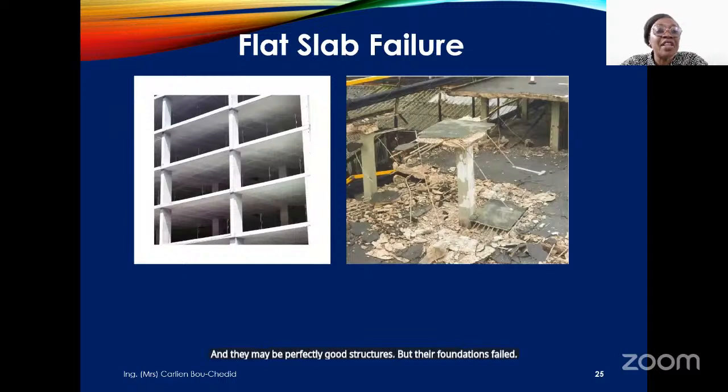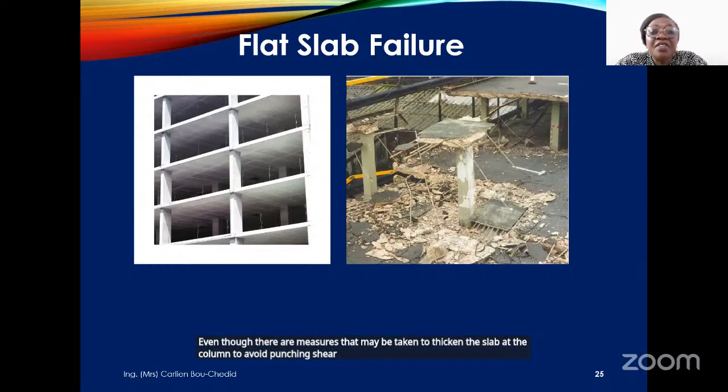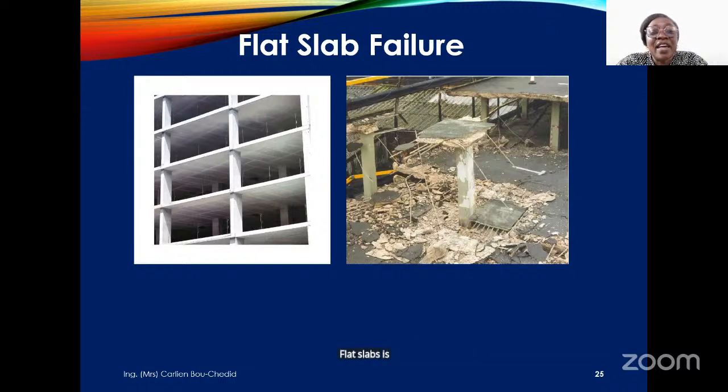One other failure that happens very often are flat slab failures. Even though there are measures that may be taken to thicken the slab at the column to avoid punching shear, it's a very, very common failure. And in fact, with flat slabs, it's generally better to avoid them if you can.